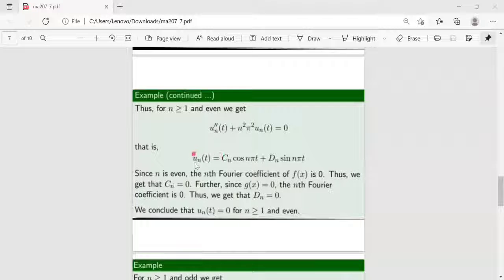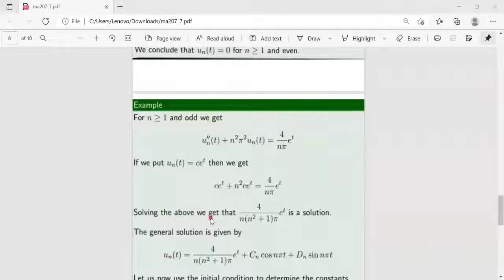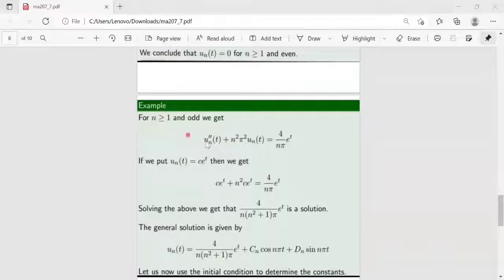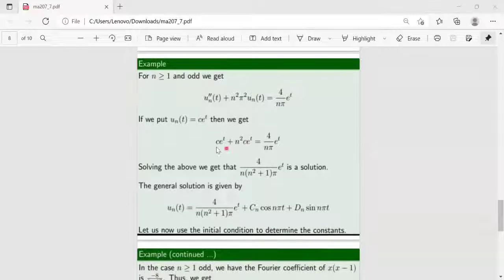Then we get u n of t is 0. Next, for odd n, we get this expression. Next, we put u n of t equal to c e power t. Then we get this equation, and we get this as a solution.